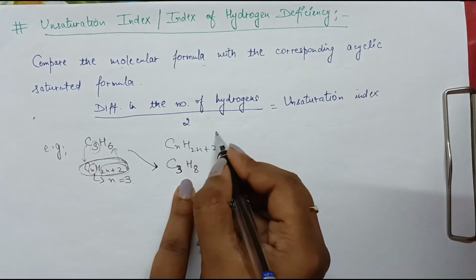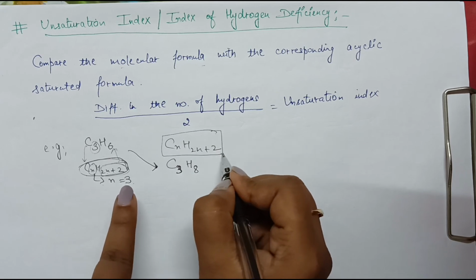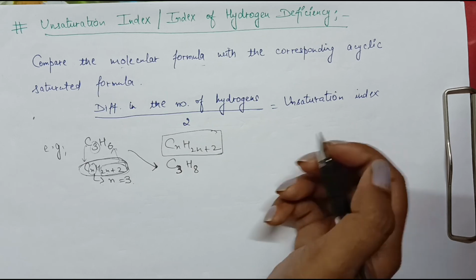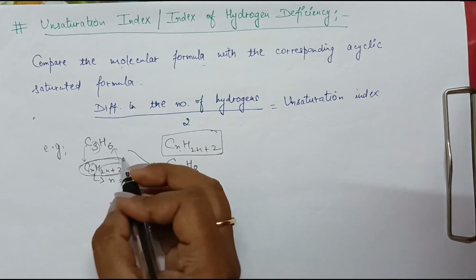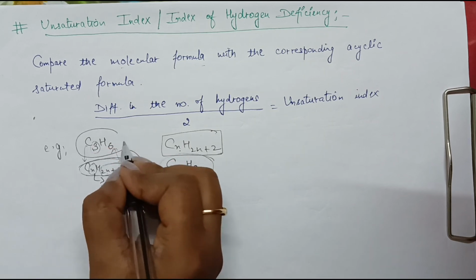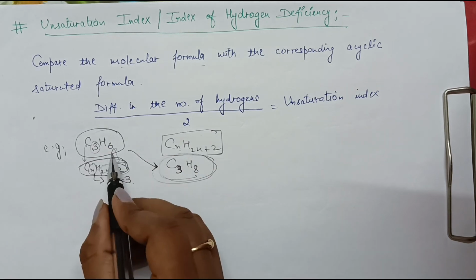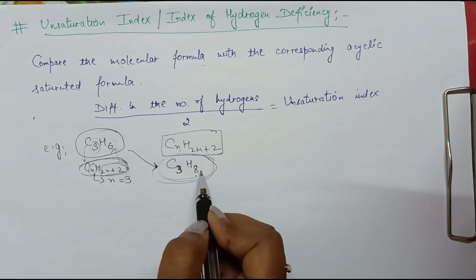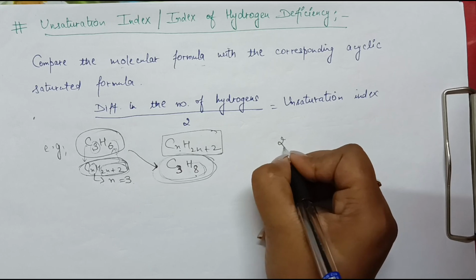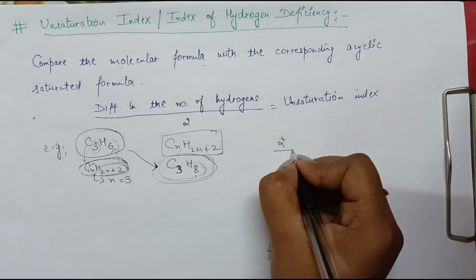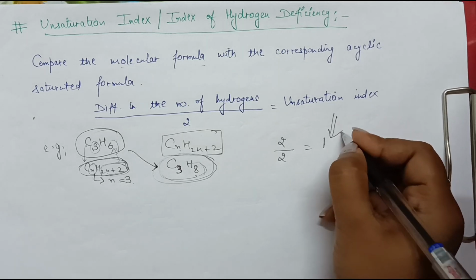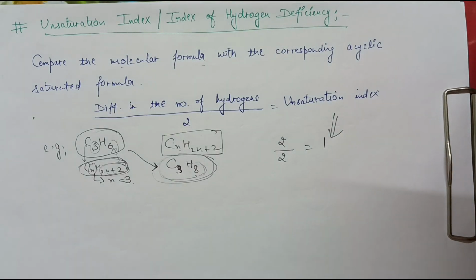We got that from the general formula of acyclic saturated compounds. If we compare this formula with the molecular formula, there is a difference in the number of hydrogen atoms, a difference of 2 hydrogens. So divide the difference in number of hydrogens by 2 and you get the unsaturation index. In that case, the unsaturation index is 1.